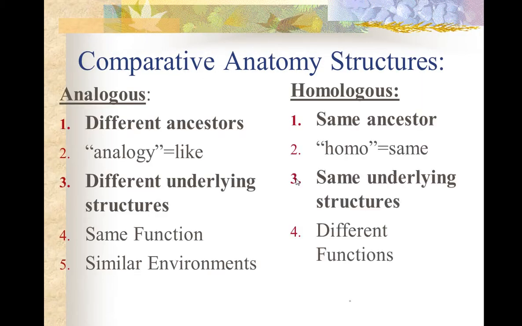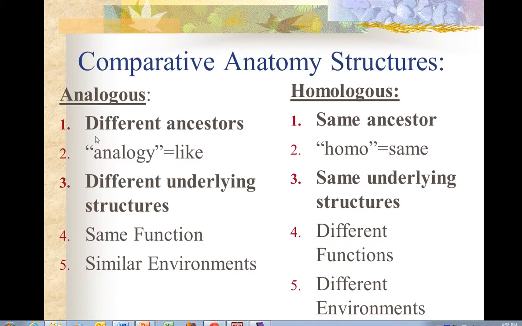And the thing to see from this is different ancestors, but they end up having similar functions. I'll show some pictures in a second. Different ancestors, similar functions. That the evolution there has a different angle versus similar ancestors, but different structures, different functions of those structures. So different environments.